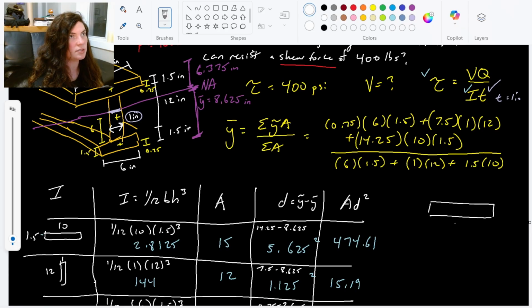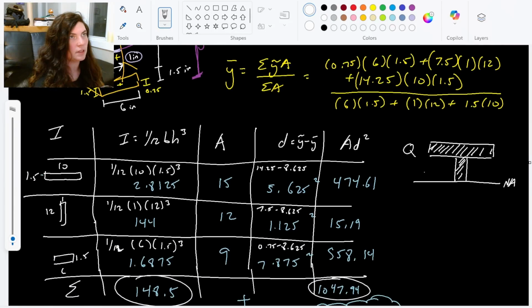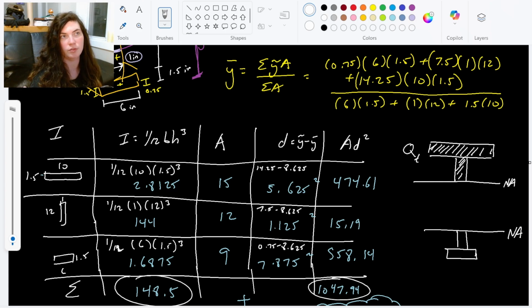Right, so here's the top half to the neutral axis. Looking at this to find Q. This would be the top version, or do the bottom version, right? And when I say or, I actually mean and. Do both of them to find which one gives you a higher value of Q. Because you want a higher value of Q to get your max stress.